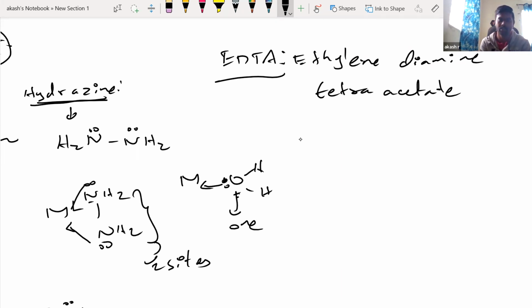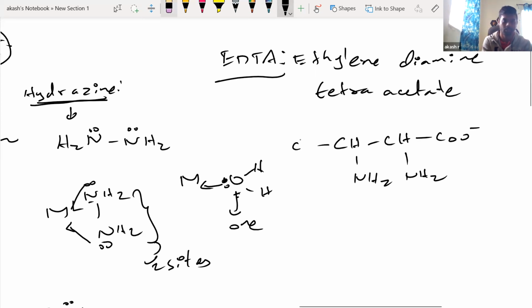Once again, we have CH2, CH2. And we have one NH2 here, one NH2 here, and COO minus groups.